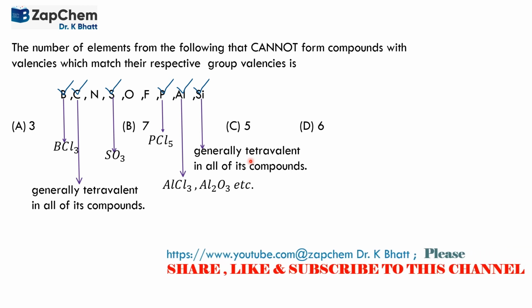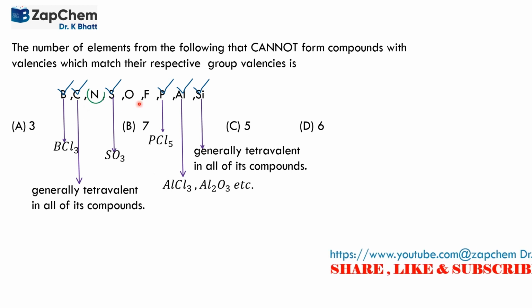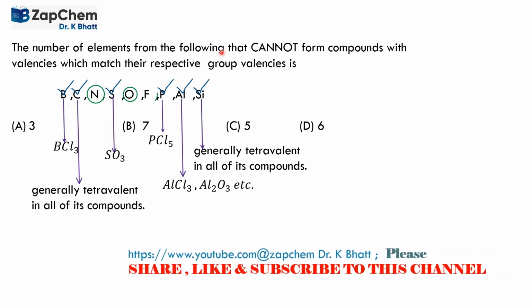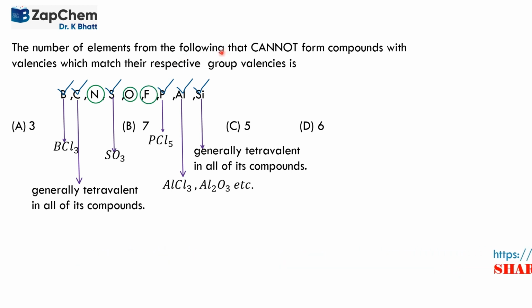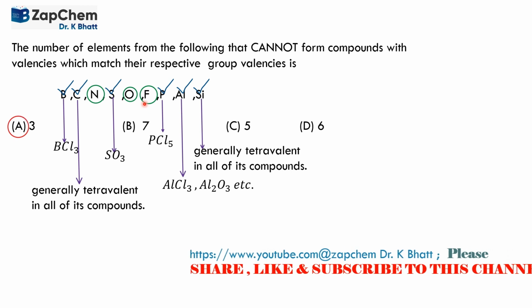Now, accordingly, we find that it is nitrogen, oxygen, and fluorine which cannot form compounds with respect to their group numbers, and therefore the total number of such elements comes out to be 3.